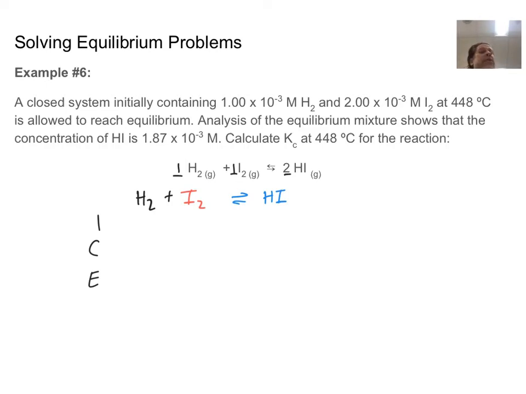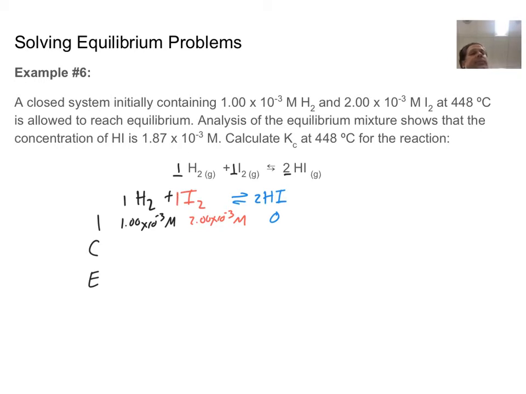My initial concentration that I was told for my reactant was 1.00 times 10 to the minus third molar. For my iodine, I'm told it's 2.00 times 10 to the minus third molar. And because we haven't initially made any product, the HI is going to be 0.